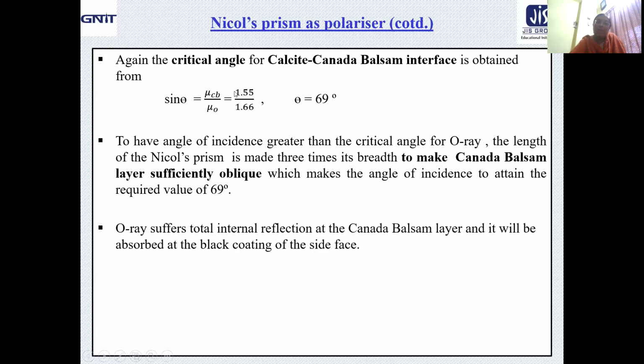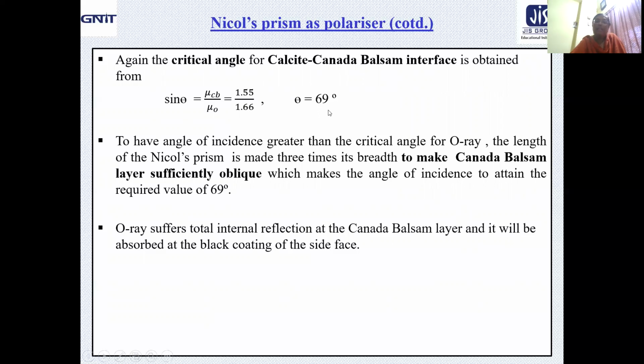The values are known to us: 1.55 for Canada balsam and 1.658, which in 2-digit approximation we have taken as 1.66. From there, the theta value comes out to be 69 degree, exactly 69.2 degree or so, but nearly 69 degree. That means the critical angle for the calcite Canada balsam interface is 69 degree.